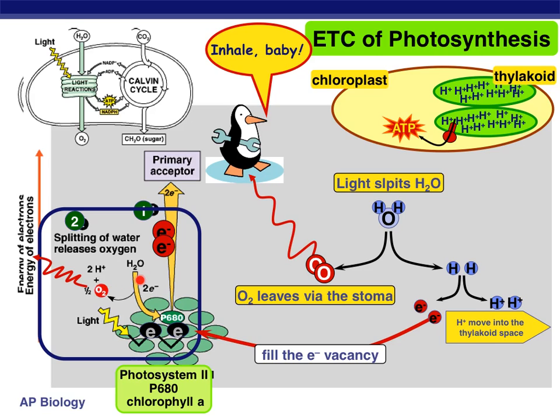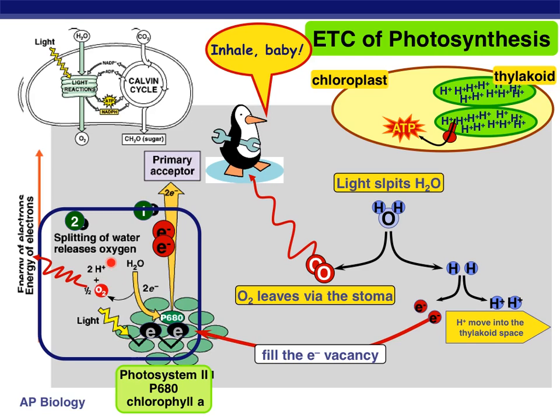You're going to lyse or split that water, and the hydrogens get cast off, and we're going to use those for the electron transport chain, and the oxygen gets released. You know how they say plants breathe out oxygen, they take in carbon dioxide and release oxygen? This is where the oxygen that plants release is coming from.